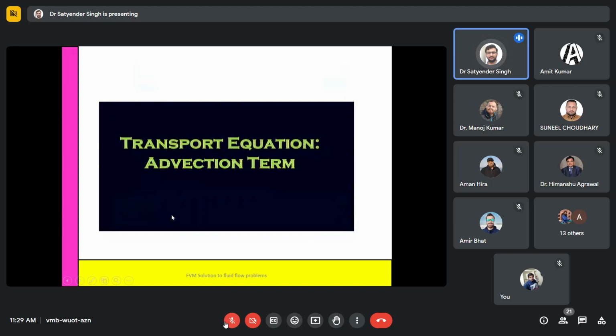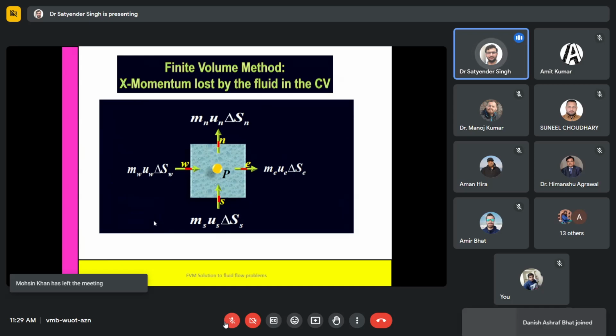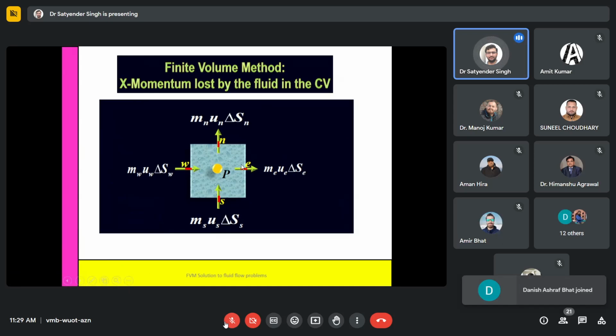Now we have the second term, which is the advection term, that involves rho u del u by del x, rho v del u by del y for x momentum. How will it be discretized? We will consider here, for a control volume, momentum flux entering from a control surface and leaving from a control surface.